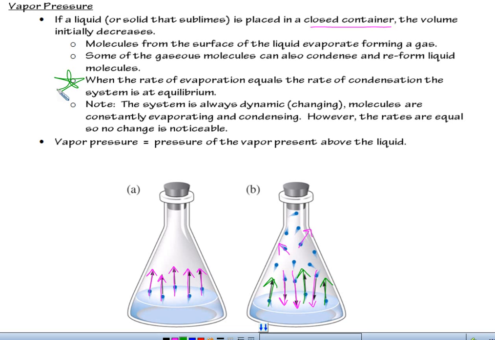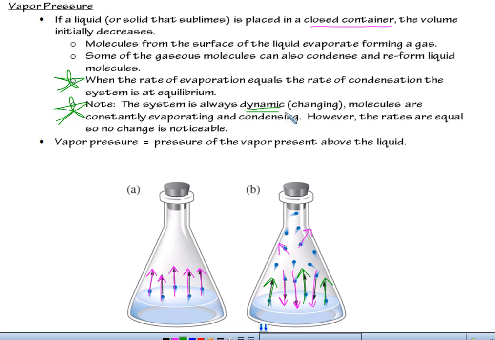Equilibrium is reached at this point in time when the evaporation rate equals the condensation rate. So particles are switching between phases at the same time, at the same pace. And again, that's why I don't notice a change in volume anymore. It's called a state of equilibrium. Or more important, dynamic equilibrium.